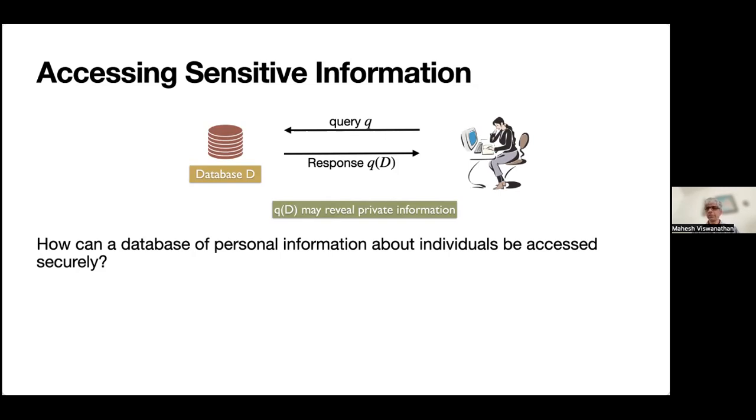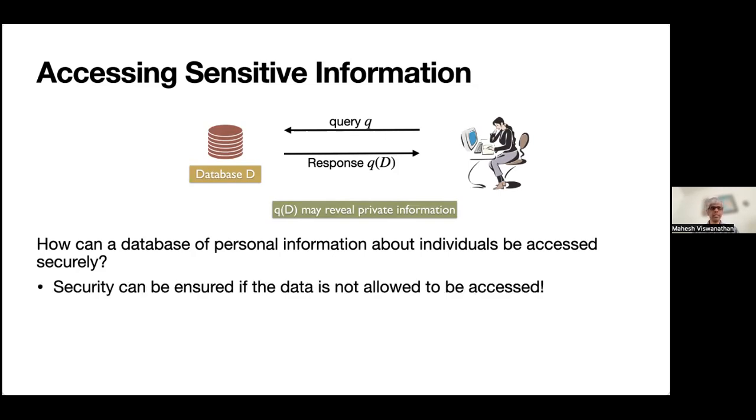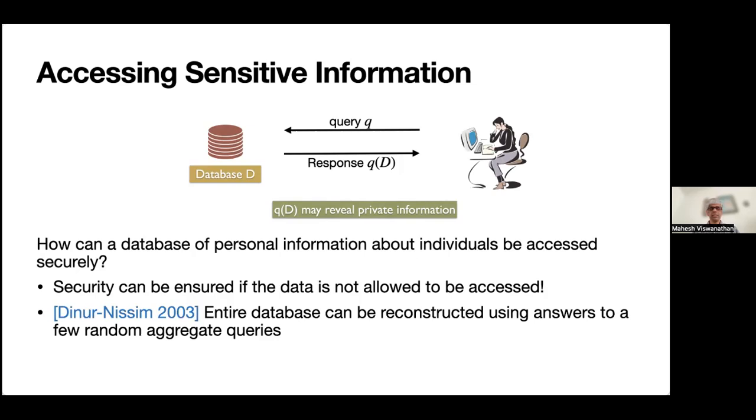Now, there is a trivial way to ensure that privacy of individuals is ensured, and that is by essentially not allowing any accesses to this database. So you don't share any information about what is stored in the database. That seems like a very unsatisfactory solution. But unfortunately, one can show theoretically that is essentially the best one can do if we want perfect security.